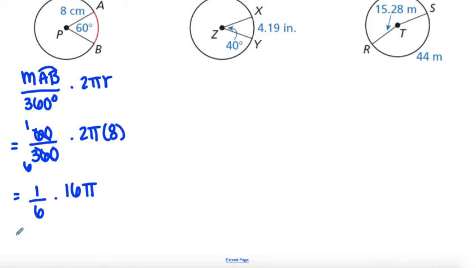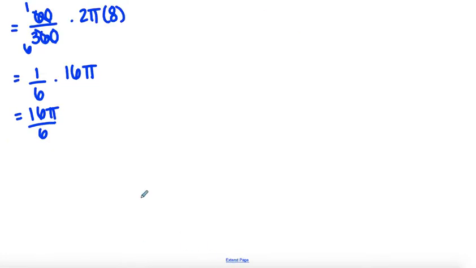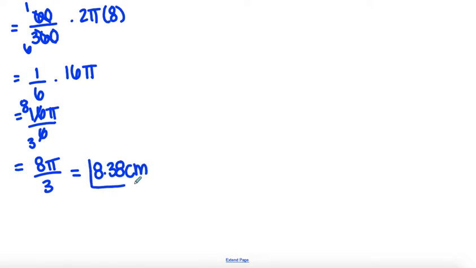And so if I multiply this across, I get 16 pi over 6, which really simplifies out, I can take a 2 out from both top and bottom. So I get 8 pi over 3. And then putting that into my calculator, I would get 8.38 centimeters is that arc length.